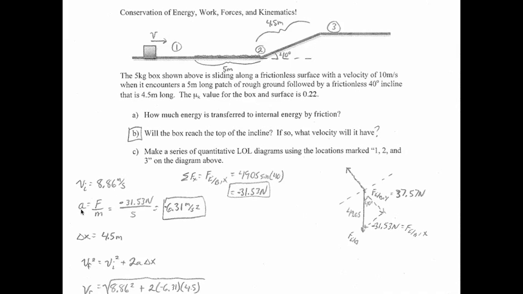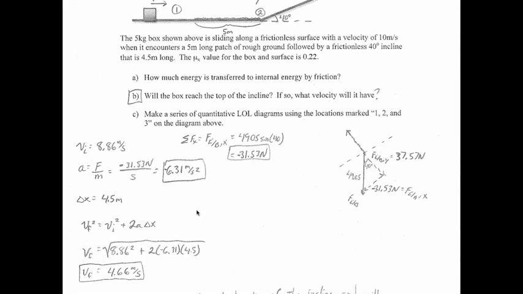Now we can figure out that acceleration because acceleration is equal to force divided by mass. The net force opposing the current positive velocity of the block is negative 31.53 newtons. The mass of the block is 5 kilograms. And so we have a negative 6.31 meters per second squared value for our acceleration.